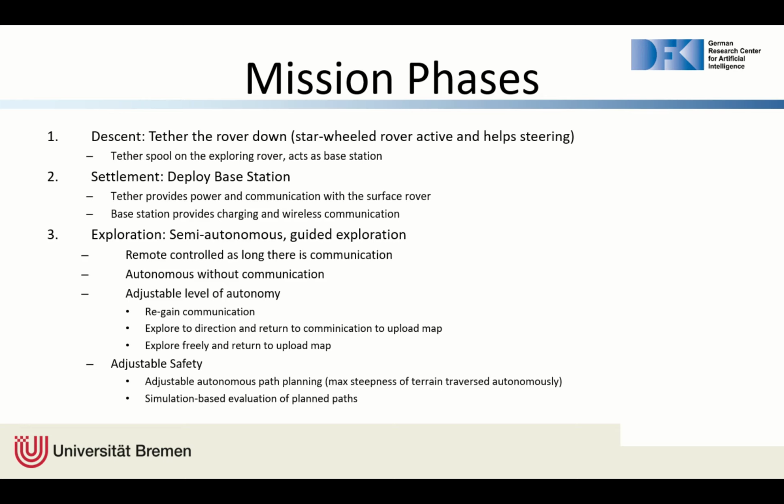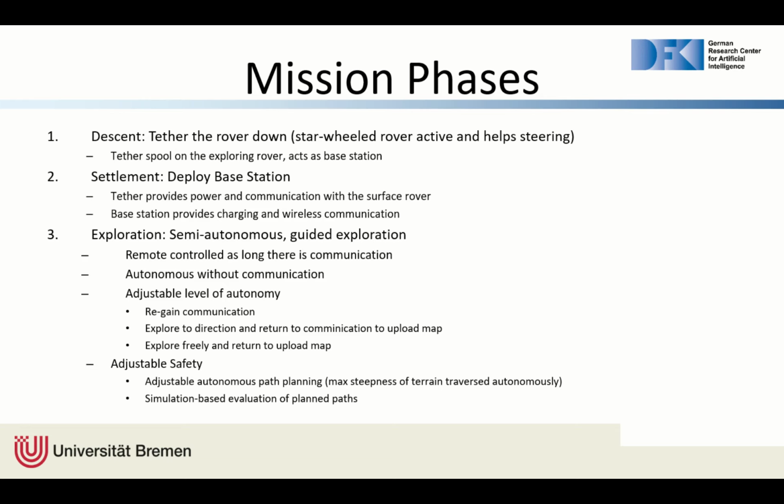And in later phases the autonomy can increase by exploring, setting single exploring goals, which are explained later in these slides. And at the same time we have an adjustable safety.